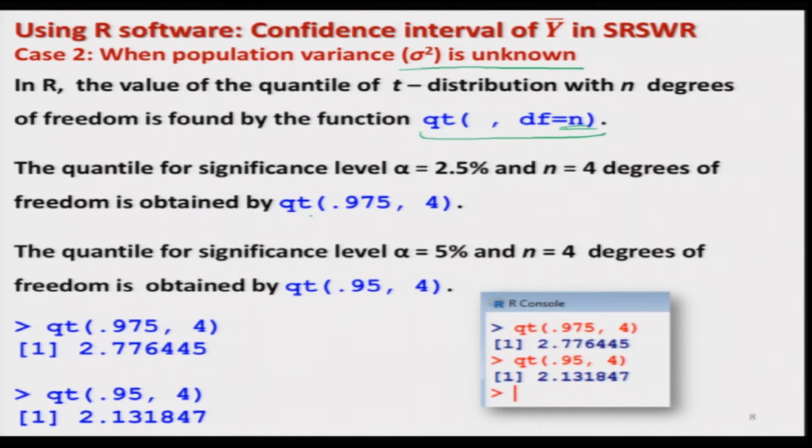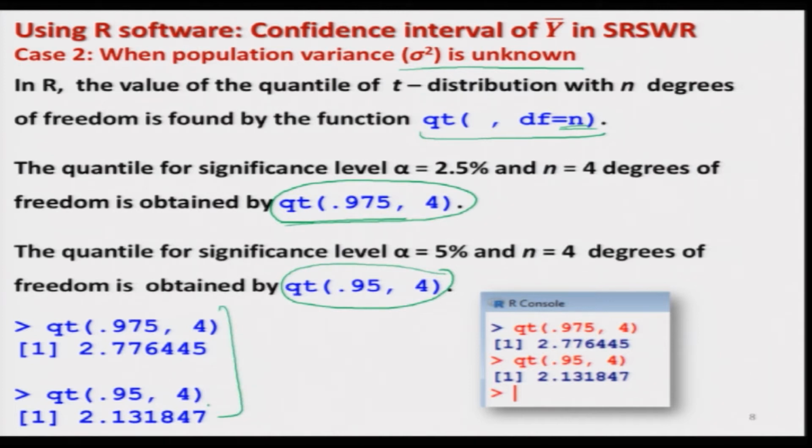If you take alpha equal to 5%, then alpha by 2 will be 2.5%, and the 97.5 percentile of the t distribution with 4 degrees of freedom can be obtained using this command, and similarly at alpha equal to 5%, the 95th percentile can be obtained using this command, and these are the values.